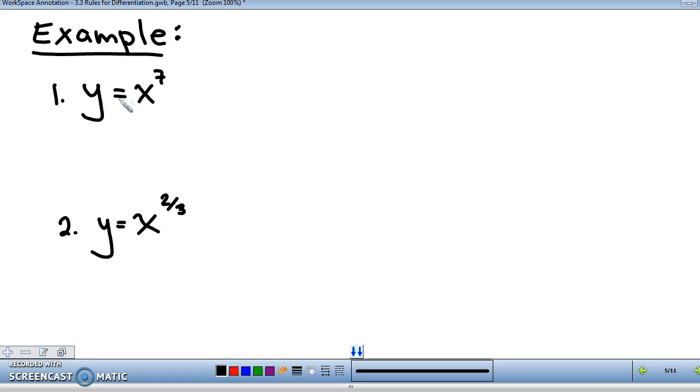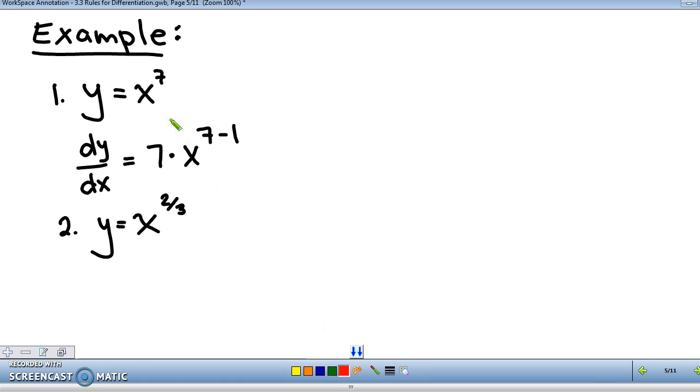So if y equals x to the 7, dy over dx is pretty much 7 times x to the 7 minus 1. So that exponent of 7 comes to the front, and we subtract 1 from it, just like the power rule says.